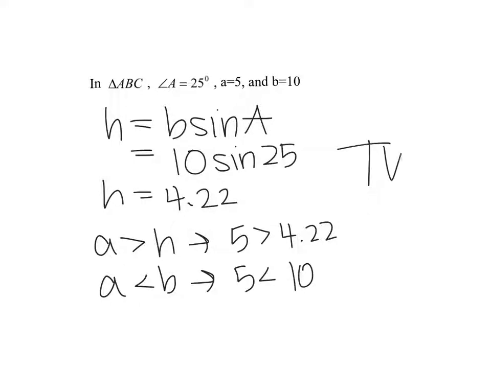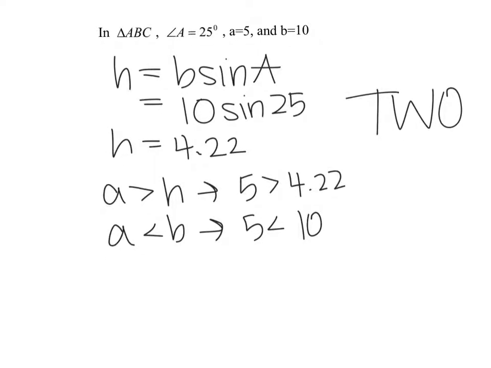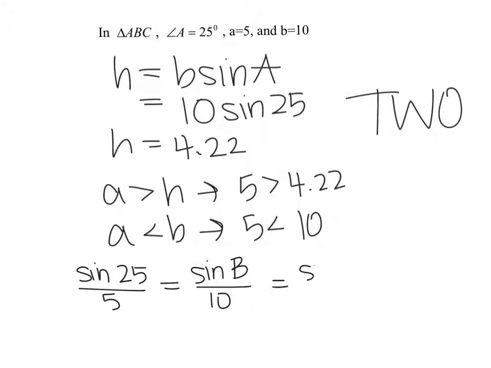So this is the case where we have two possible triangles, which means there's going to be two different lengths for side C and two different possible angle measures for B and C. So let's go ahead and set up what we know. So we know sine of 25 over 5 equals sine of B over 10 equals sine of C over C.